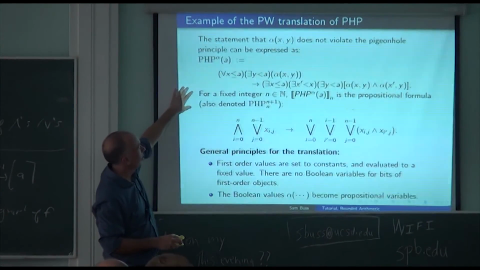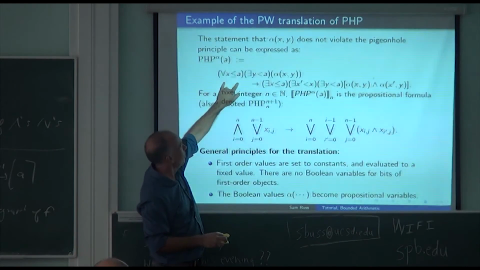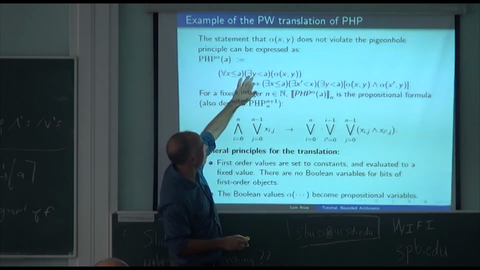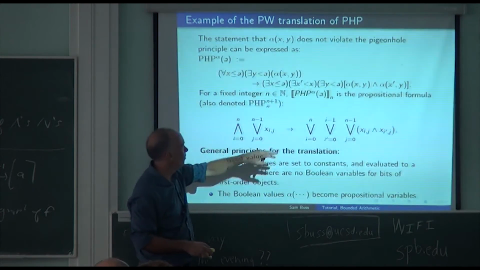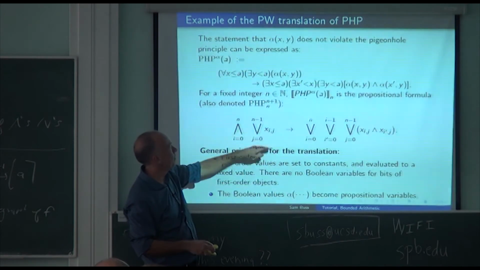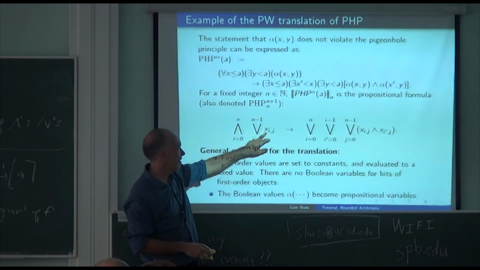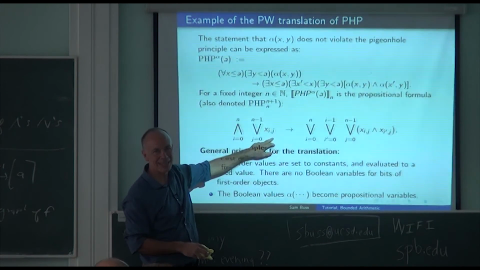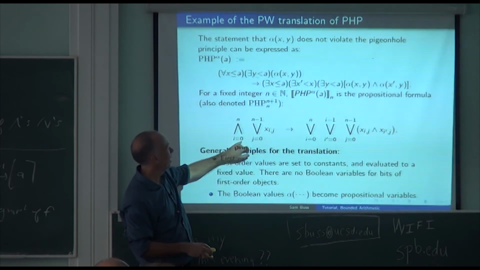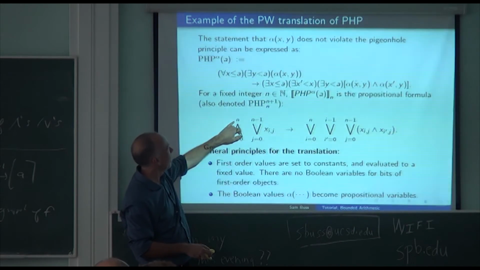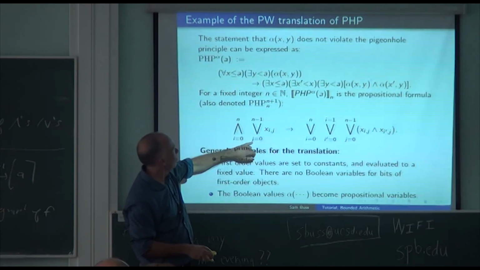What the translation does is it takes the for alls and changes them into ands, the exists and changes them into ors, takes alpha of x, y and changes it into a propositional variable. A little bit confusingly, I've called it x sub ij, where i and j are the old x, y values up there. i is and for i equals 0 to n. n is like the value of a. j equals 0 to n minus 1.